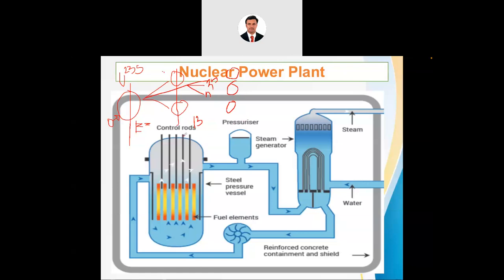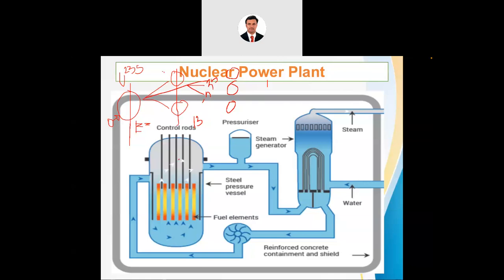Because the function of the control rod is to absorb the neutrons, and the function of the moderator is to reduce the speed of the neutrons. Just understand the difference: the control rod will directly absorb the neutrons, whereas the moderator will reduce the speed of the neutrons, which means it will reduce the speed of the chain reaction.